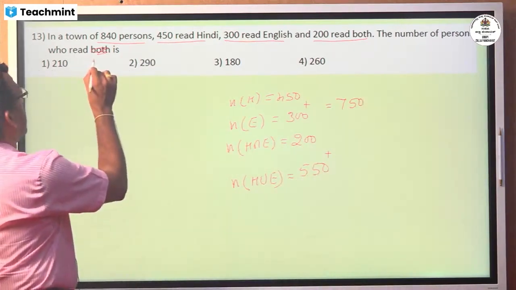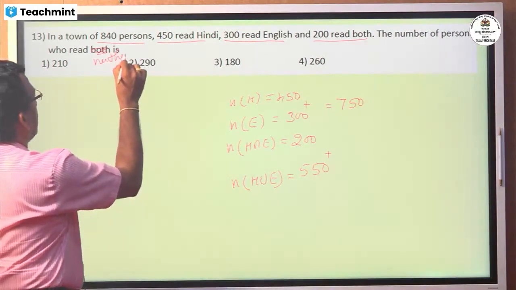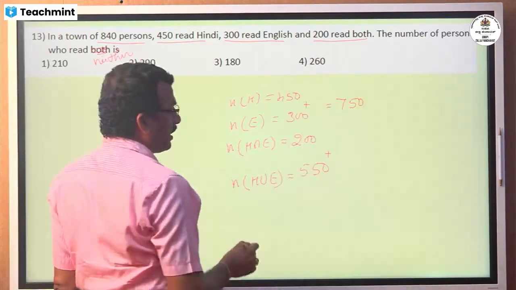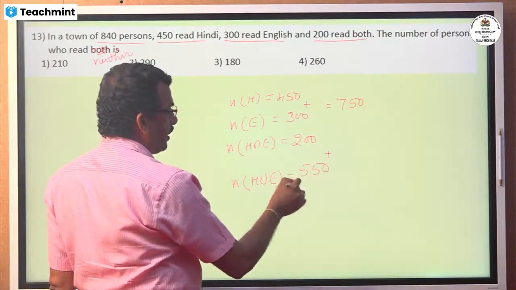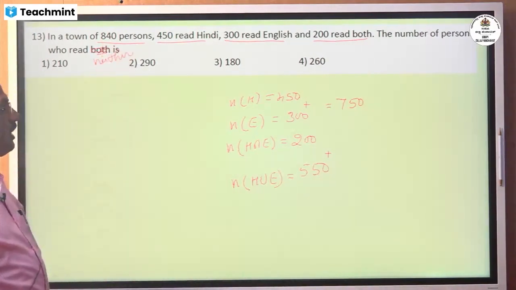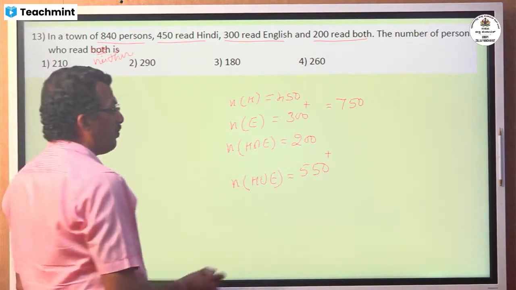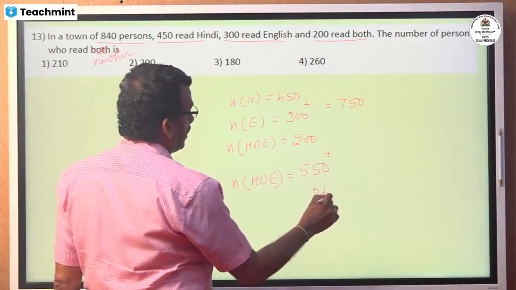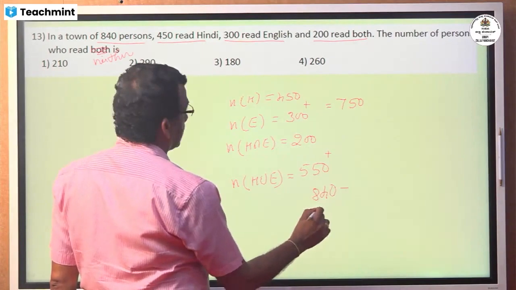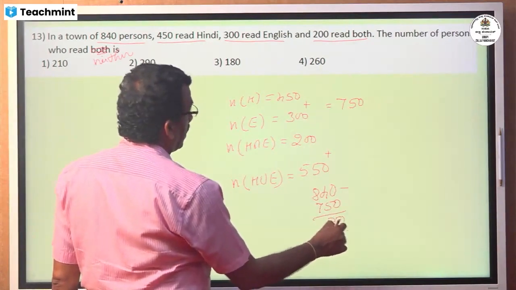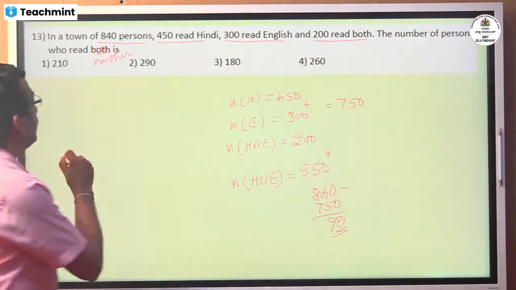Who read neither? Here we got 750, and the union is 550. Given is 840. So that difference is neither. So 840 minus 750 equals 90. That option is not given. Please correct.